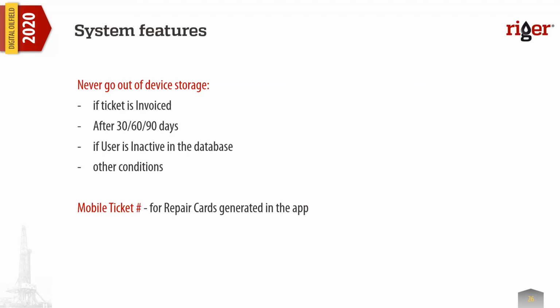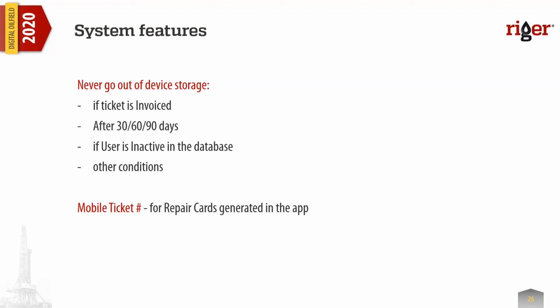Another system feature is the mobile ticket number. You remember that some of the tickets can be generated in the mobile application itself, for example, repair cards. Once they are generated, they get a temporary mobile ticket number.